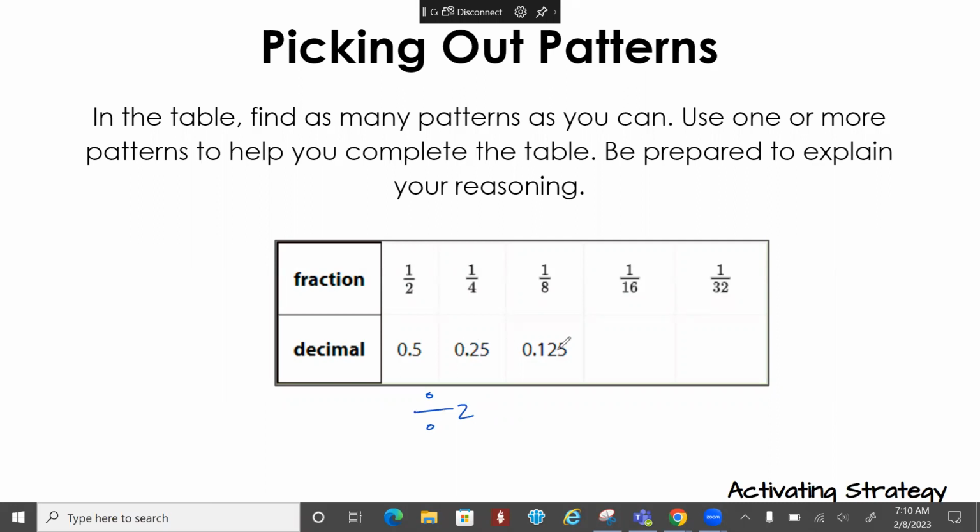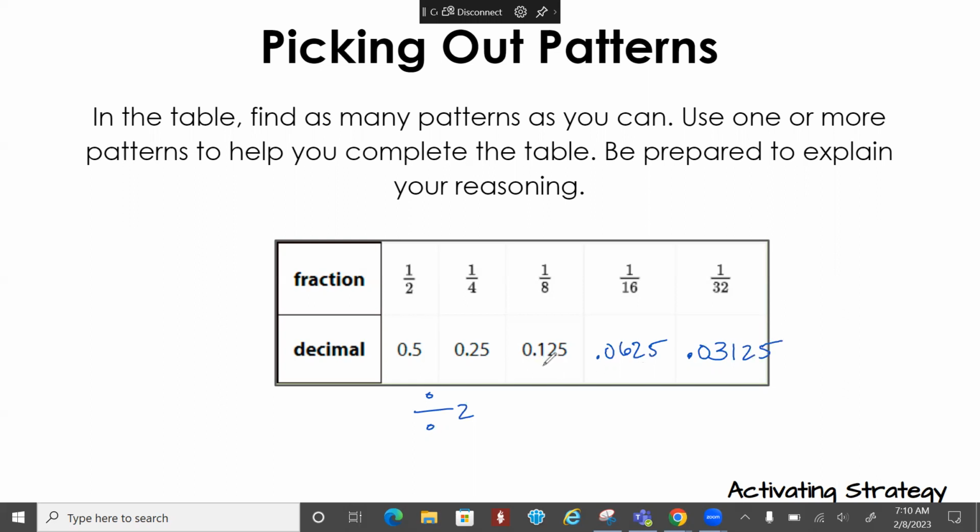If I take 25 and I divide by 2, then that's going to be 12.5. If I take 12.5 and I divide by 2, what am I going to get? 0.0625. If I take 0.0625 and I divide it by 2, I'm going to get 0.03125.